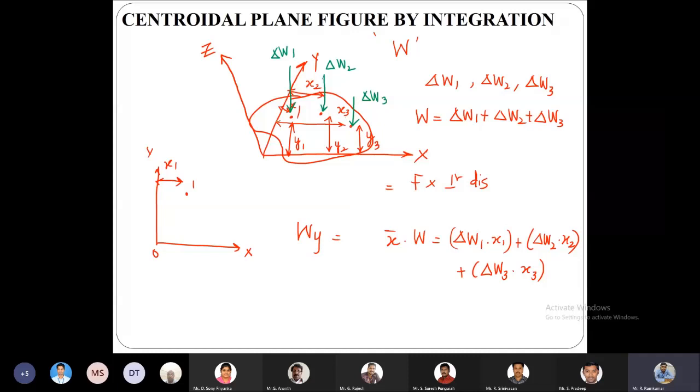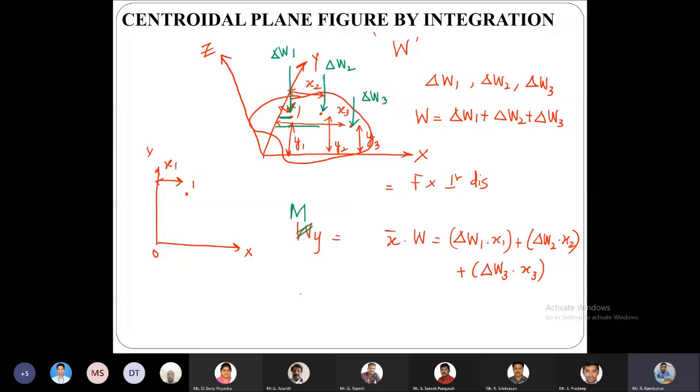We put each force into its perpendicular distance for the y-axis. By the way, we are writing that the moment about the y-axis is equal to the total weight W into x bar, which equals the sum of moments of individual weights.